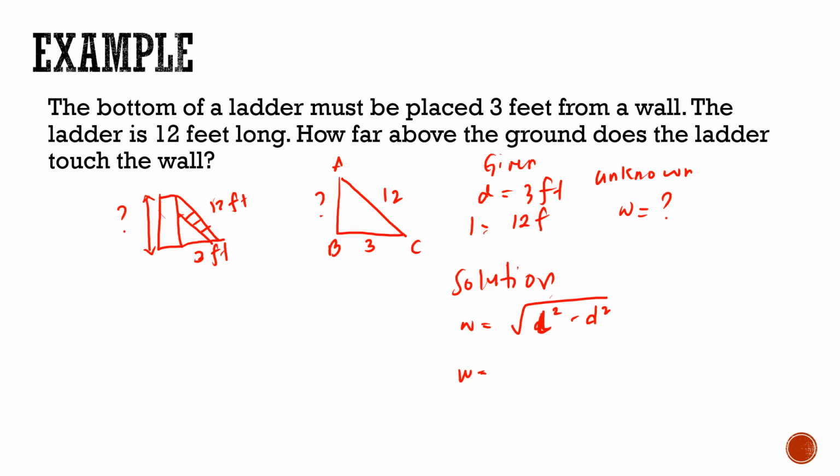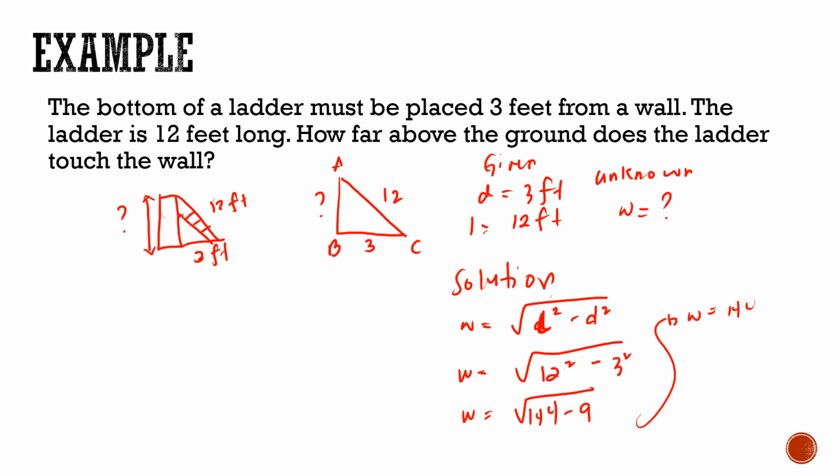So W is equal to the square root of 12 squared minus 3 squared. 12 times 12 is 144, minus 3 times 3 is 9. So we have 144 minus 9, that is equal to the square root of 135. Let's get the square root of 135 and write it in decimal.